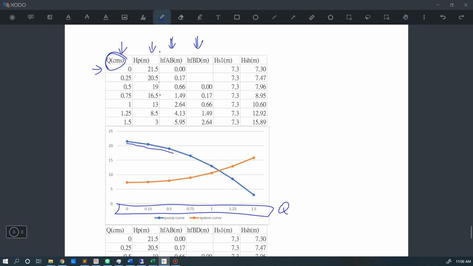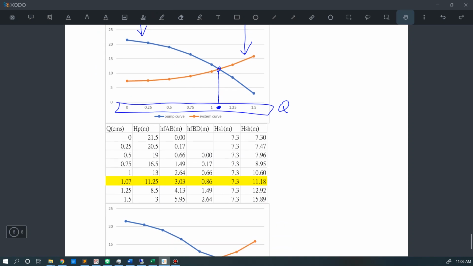The y-axis for this blue line is this HP, and we can also plot the system curve, where the y-axis for the orange line is this system energy. Then we want to find the value for this intersection, but as we see on these plots, there's no data point at these intersections, so we need to interpolate these points.